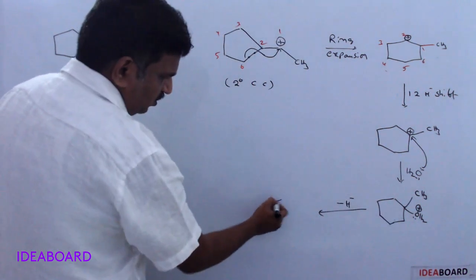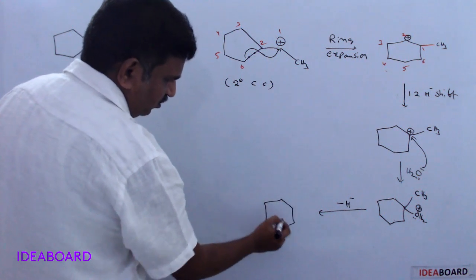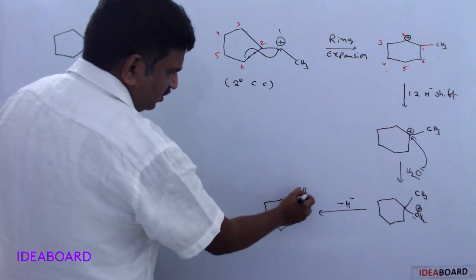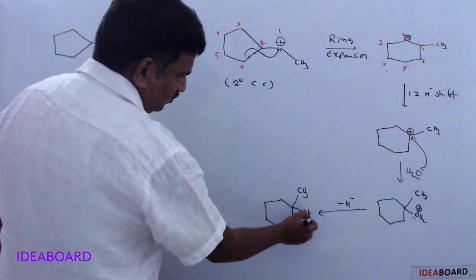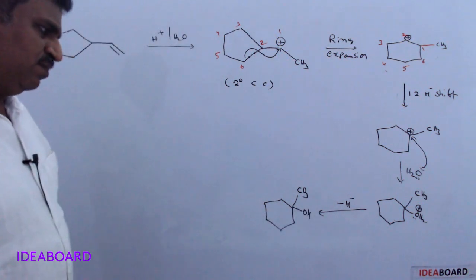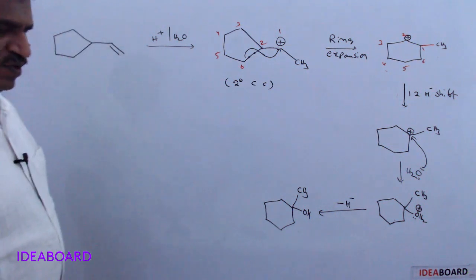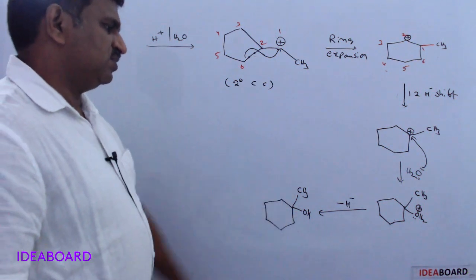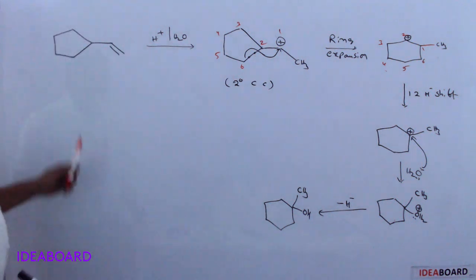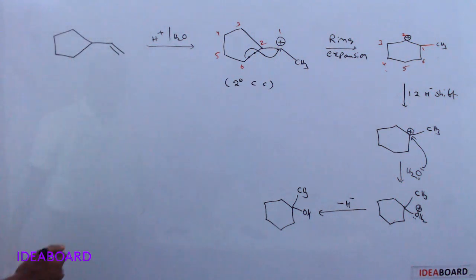OH2 releases one proton, so we get a compound with a methyl group and an OH group: 1-methylcyclohexanol. This is the rearrangement, called ring expansion, and hydride shift both occur.